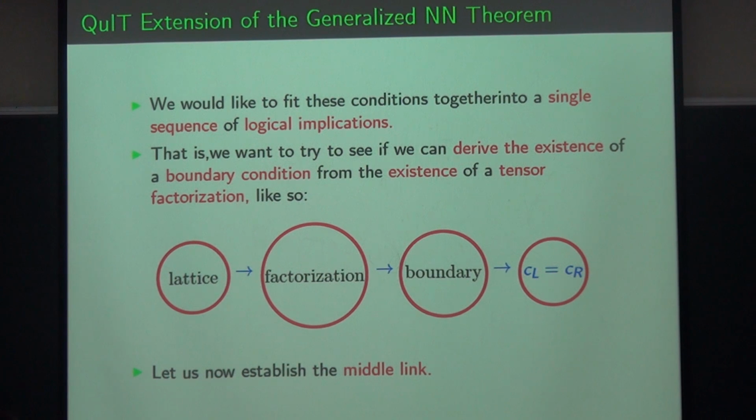So, I want to argue that you can have a factorization from a lattice. Well, just because you take the Hilbert space of all the sites on the left and the Hilbert space of all the sites on the right, and that's it. That's the full Hilbert space. But in your case, it's not a lattice theory.